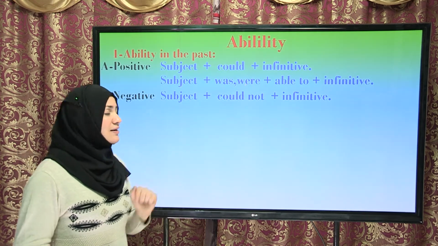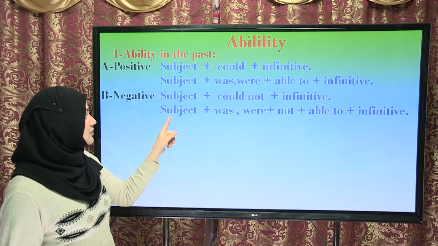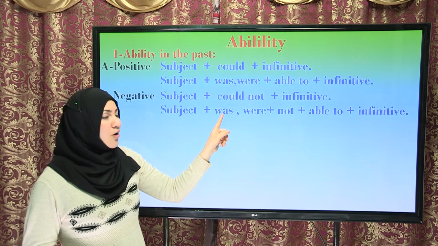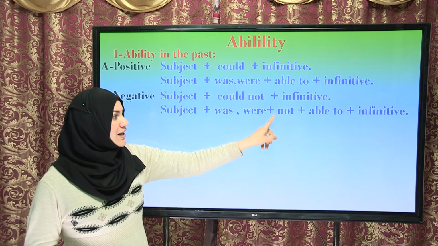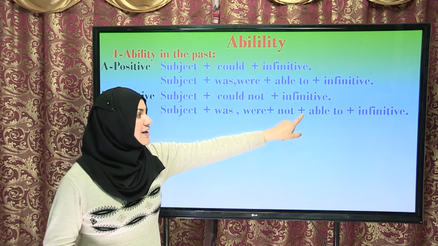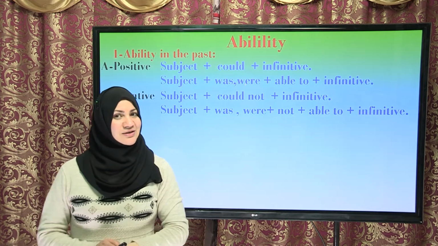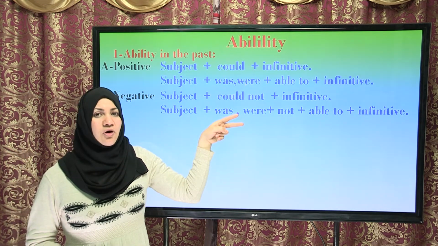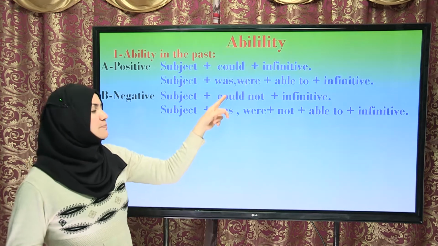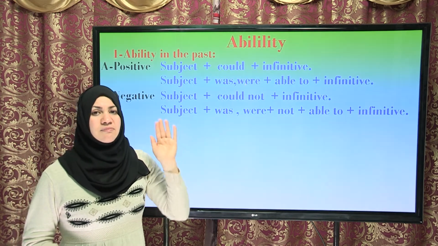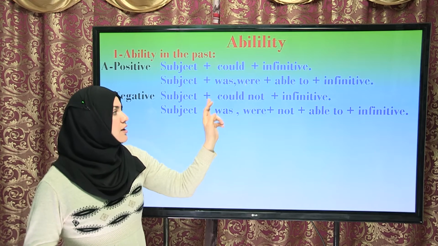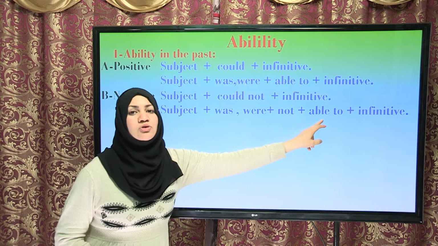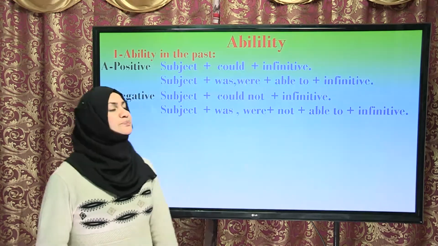The other example, or the second form: subject plus was, were plus not plus able to plus infinitive. We can see here that these two forms in negative form in past tense express ability and have the same meaning. Only here we have used could not, and here was, were not able to.